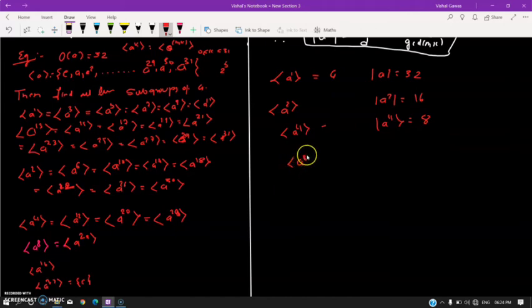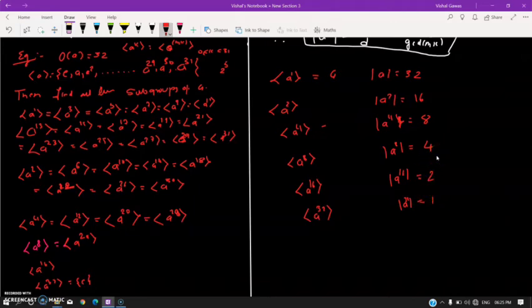Then a raised to 8 would have order exactly 4, right? Then we have a power 16. This will have order 2. The last one is a power 32, which will have exactly one element, right?